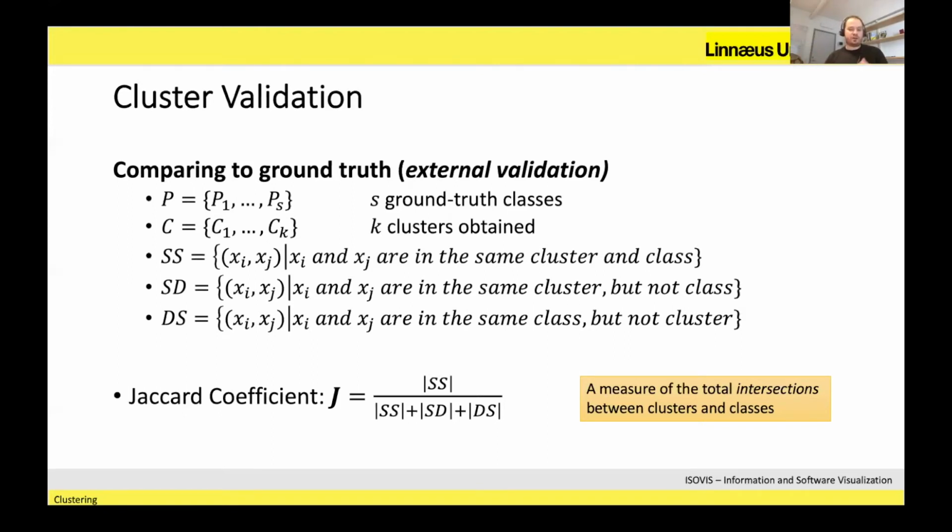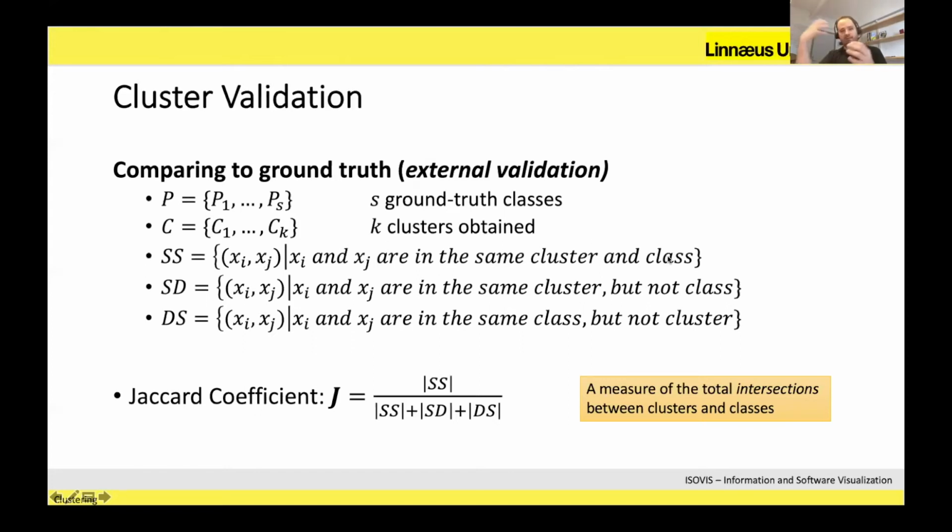So one of the ways of doing this is by comparing the clusters you have with the labels that you have. And how would you do that? Well, for example, the Jaccard coefficient uses these definitions of SS, SD, and DS. In a nutshell, SS is the set of pairs of points that are in the same cluster and the same class.